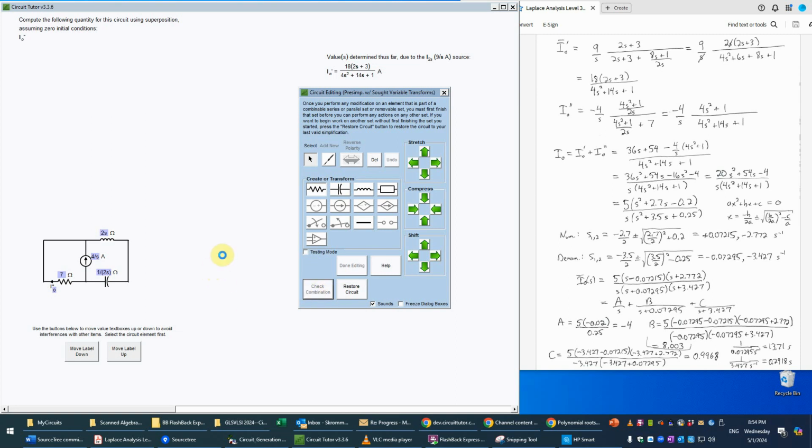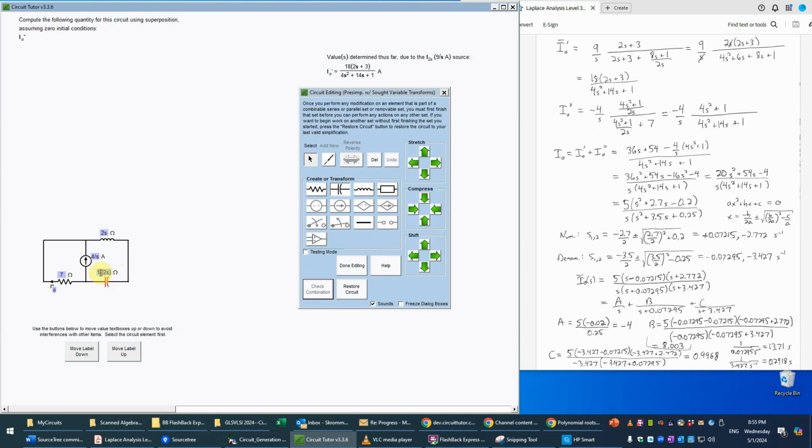And we just have to wait a moment here while it does some bookkeeping. Okay, and now we have the 2s ohm and the 1 over quantity 2s ohm. Those are also in series. They belong to the outer mesh and the right mesh. So now we can combine those as well. And so if we just think about it, 2s plus 1 over 2s, we'll need to put those over a common denominator of 2s, which means this one has to be multiplied by 2s over 2s, which means it becomes 4s squared all over the 2s.